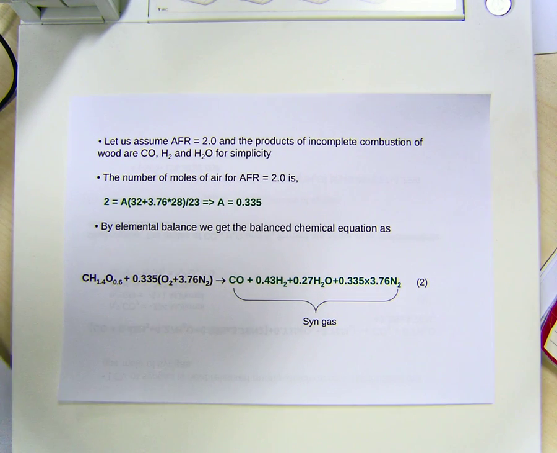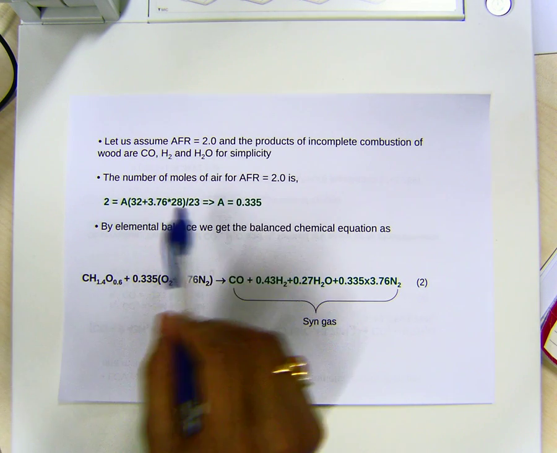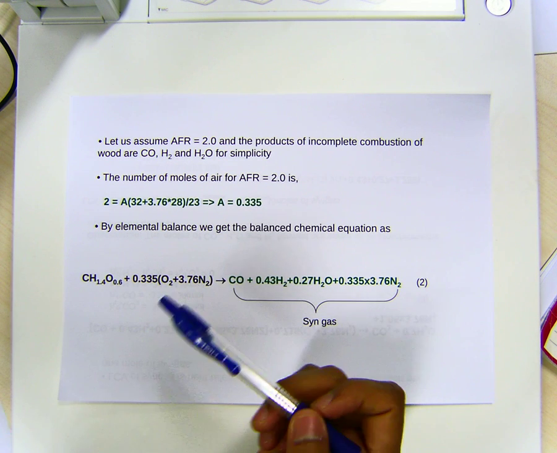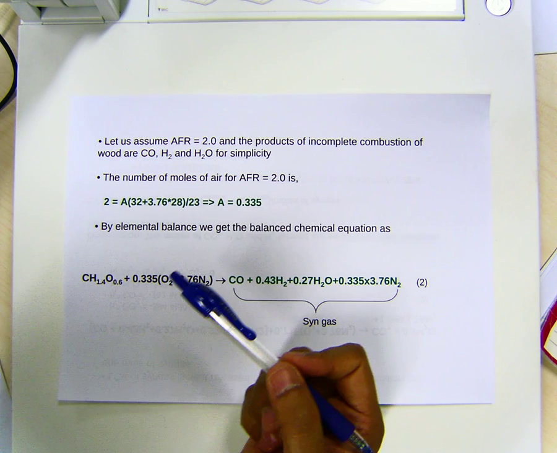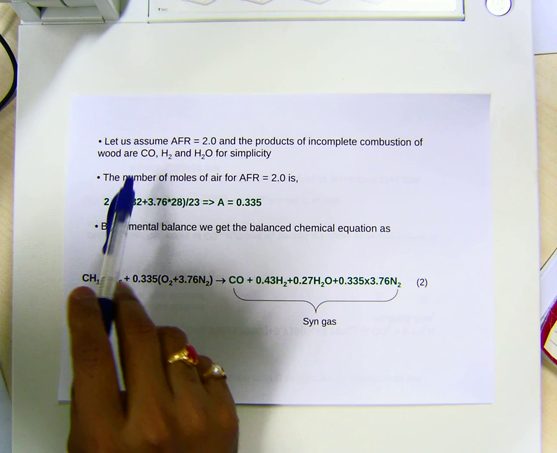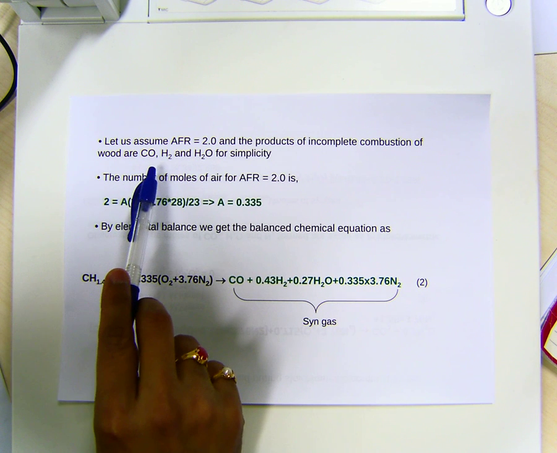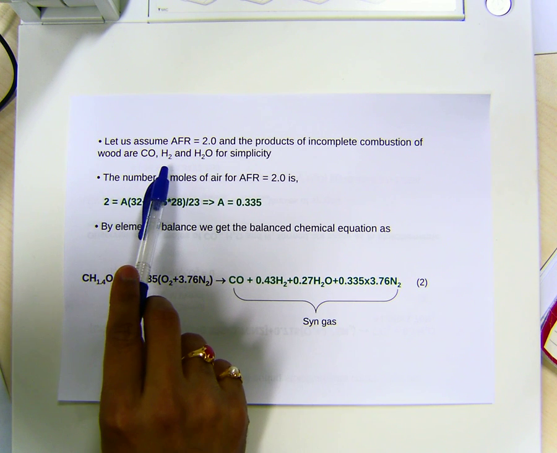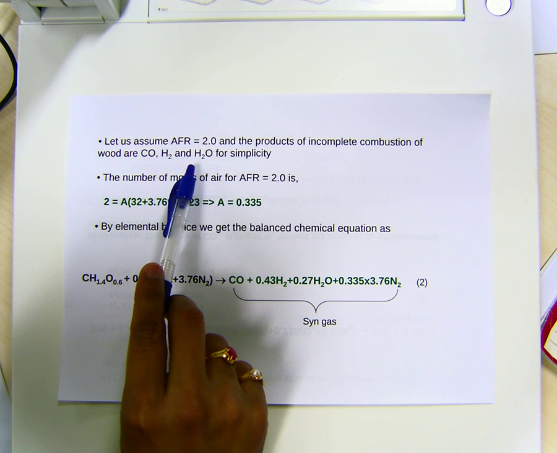Let us assume some air fuel ratio which is less than 6.27. Let us assume it as 2. Also for simplicity, assume the products that will form are CO, carbon monoxide, hydrogen, and water.